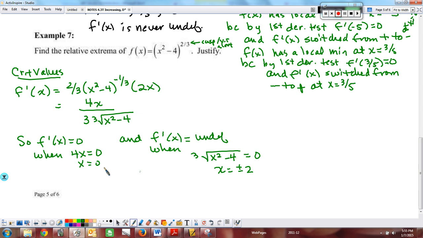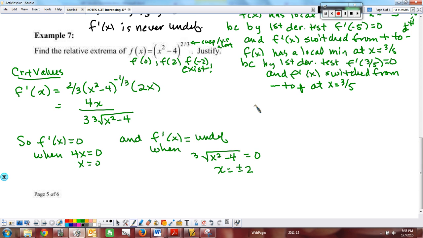So we have three critical values that are defined on the original one, so they are candidates for relative extrema. Okay? F of 0, f of 2, and f of -2 exist. So they are critical values. Always important to test that.